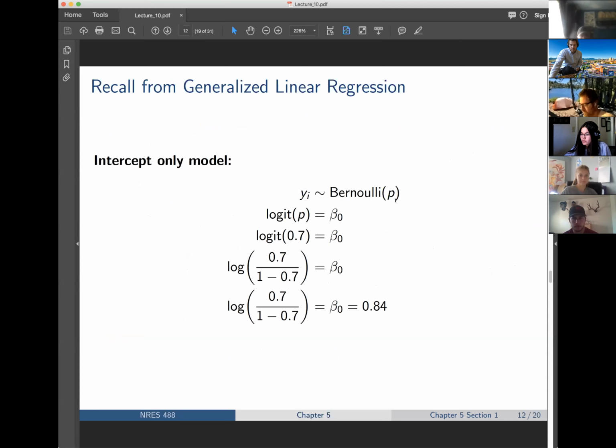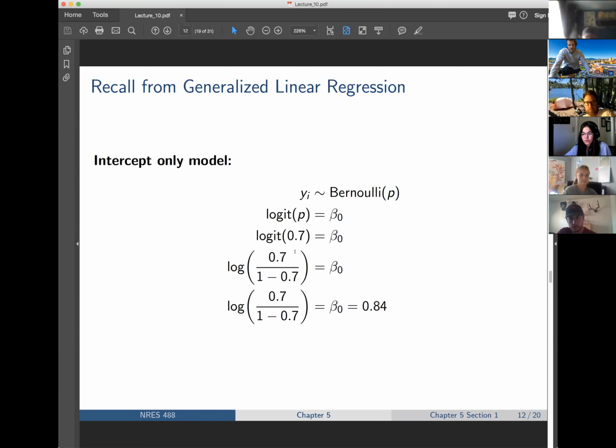Let's go back to our basic Bernoulli model, where we have our data, yi, whether or not we saw an animal i, and we have some probability of success P. If we know what our probability of success is, 0.7, we can estimate what our beta is.